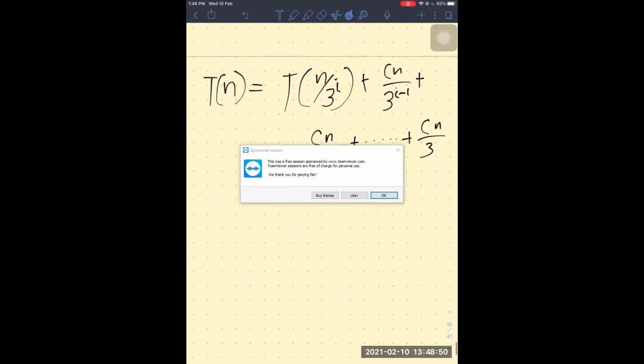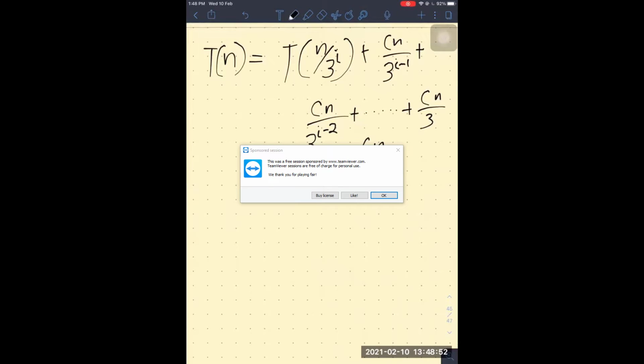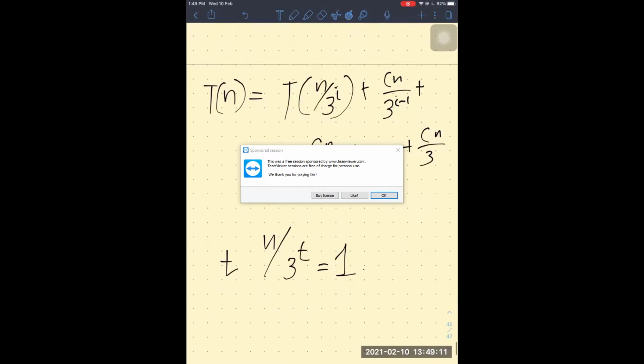So then we will assume that for some given t, 3 to the power t is equal to 1. No, n divided by 3 to the power t is equal to 1. As you can see, the value of 3 to the power i is increasing as we increase the number of iterations.